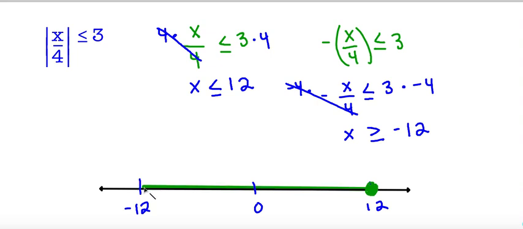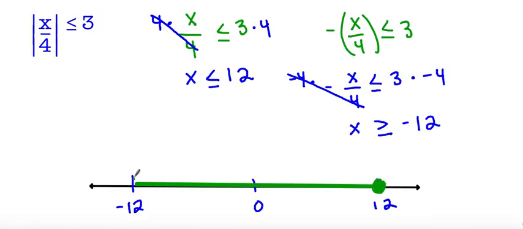But I'm not going to go past this because x is also greater than or equal to -12. So this one is included. One would shade to the right, one would shade to the left, and they would overlap. Because our inequality includes both, it's x is less than or equal to 12 and x is greater than or equal to -12.